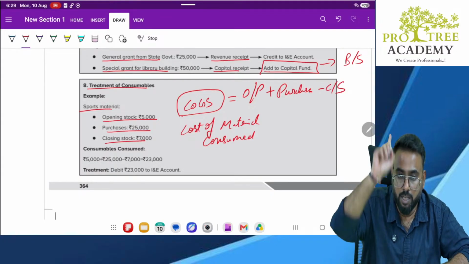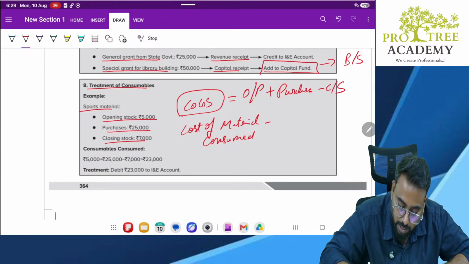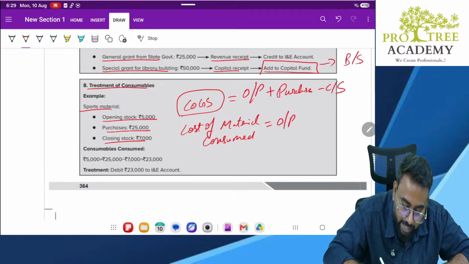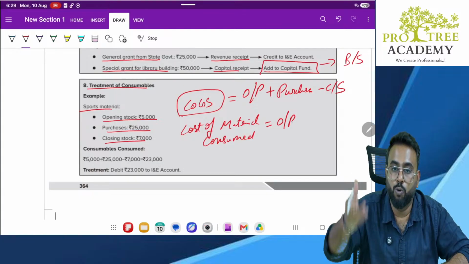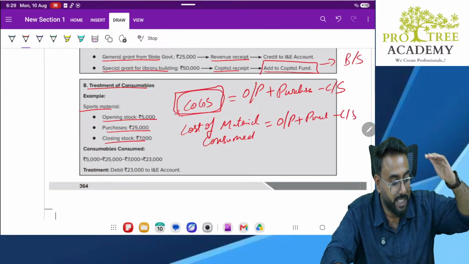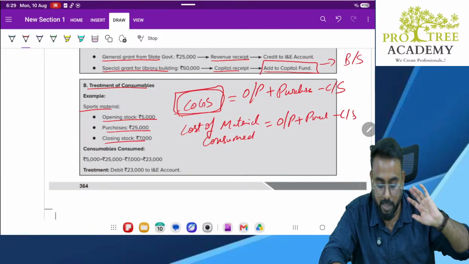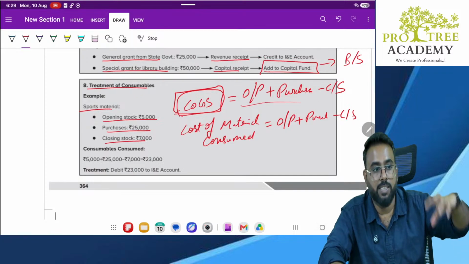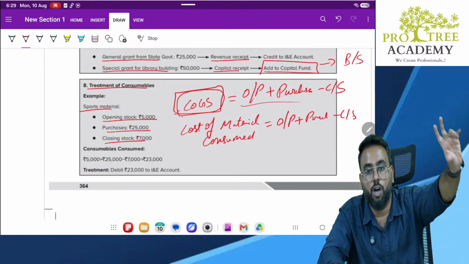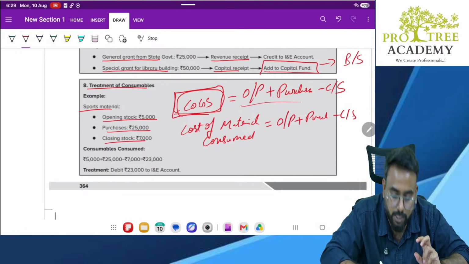Already discussed in our previous class, sole proprietorship. Here we call it cost of goods sold because we are going to sell the goods. That is why the difference will come as the goods which have been sold, the cost of those goods can be arrived using this formula.